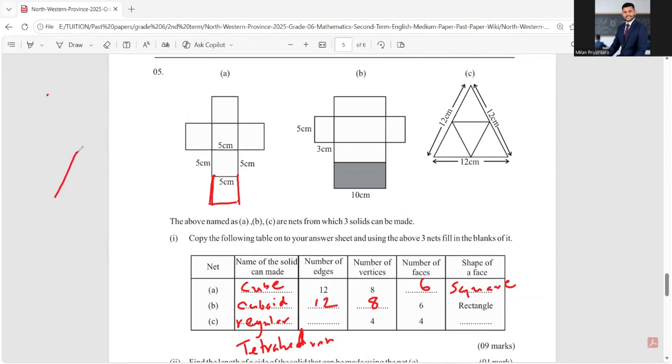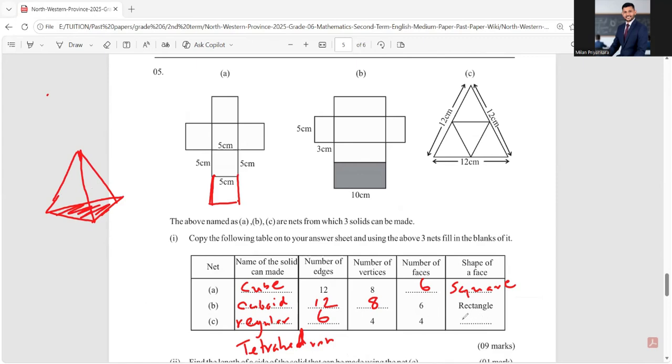And for the C, number of edges. Now you see, if you look at the regular tetrahedron, it should be something like this. I think no, this is the bottom. Okay. And if you take that, number of edges should be 6. Number of vertices should be 4. Okay, all the others are right.